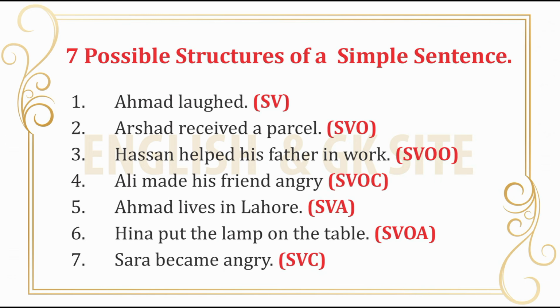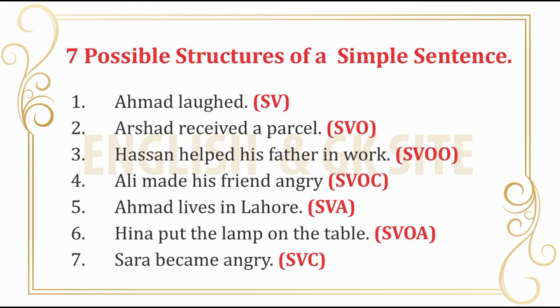SVO, subject, verb, and object. Third one is Hassan helped his father in work. Here, Hassan is subject, helped is verb, his father is object, in work is also object. So two objects have been used here, and this structure is SVOO, subject, verb, object, object.